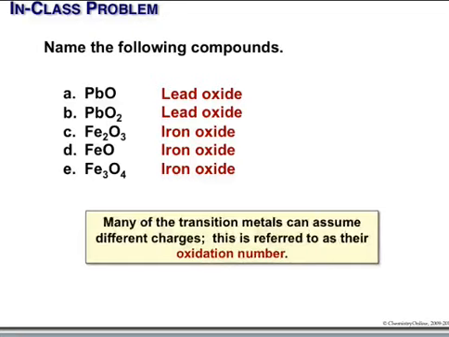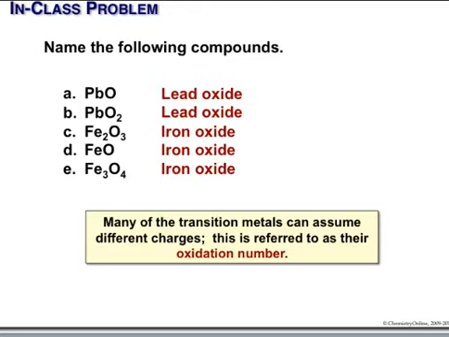These compounds differ in what's referred to as their oxidation number. Their oxidation number is simply a fancy word for their charge. We know that oxide is going to be a -2, right? Therefore, lead, in order for this to be neutral, must be +2.